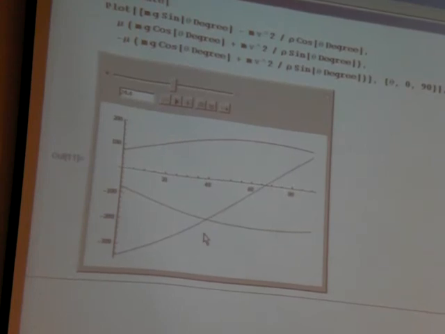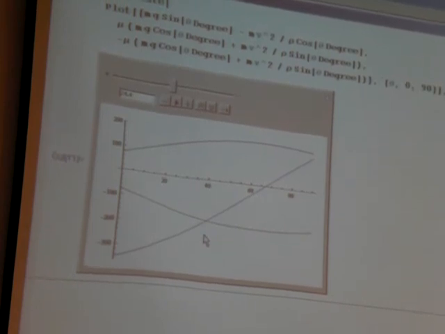You're asking how much friction do I need for a given angle at a given velocity? So of course, if you change the velocity, your friction force will change. It comes from just this formula.